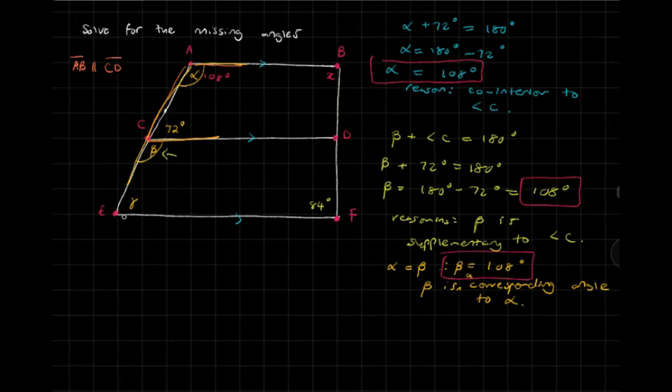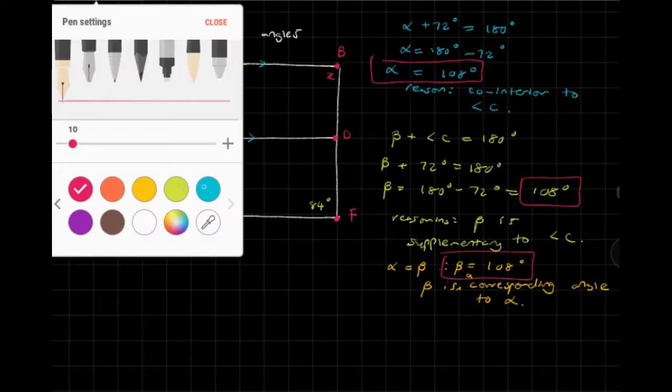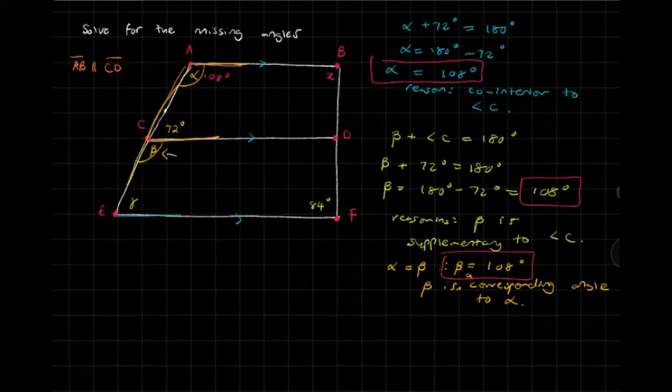Let's take a look at E, and you can also notice that if you look at this figure upside down, side length EF is also parallel to side length CD, and side length EF is also parallel to side length AB. Okay, so that's important to understand.